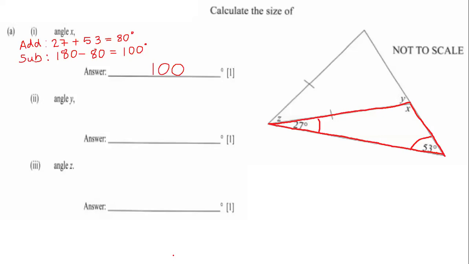Do you understand how I got X? Yes, sir. Okay, so explain how I got X. First, you're going to add 53 and 27, and you make it 80, and then you will take away 80 from 180 to make 100.